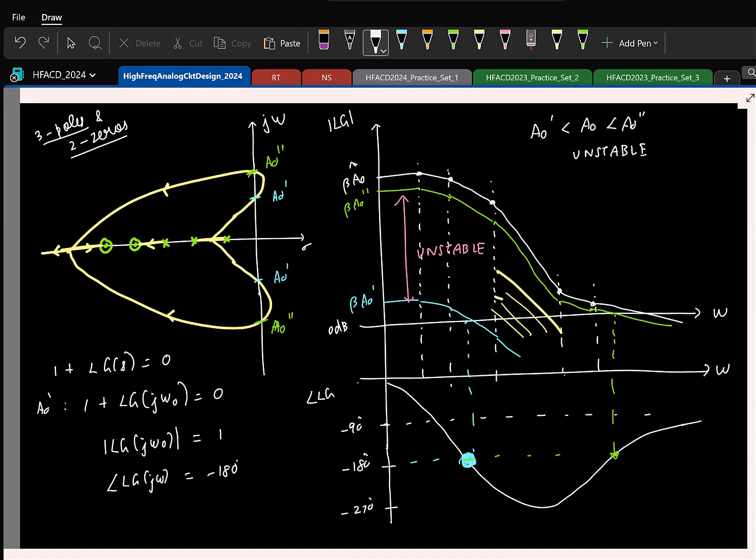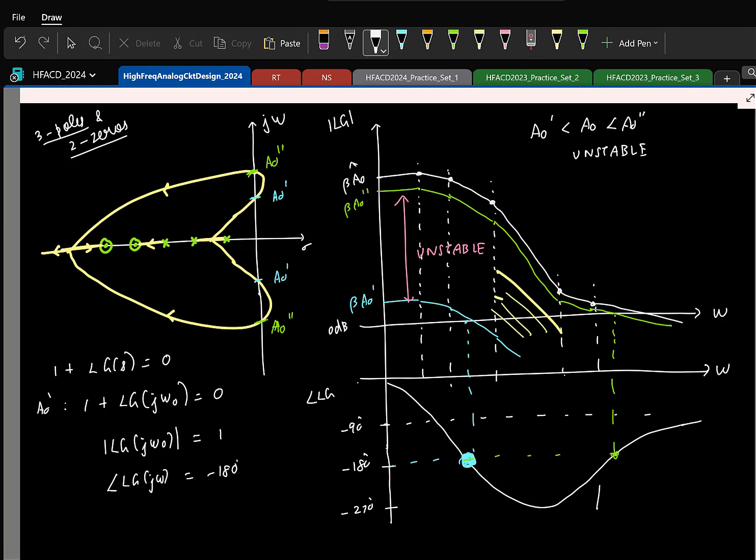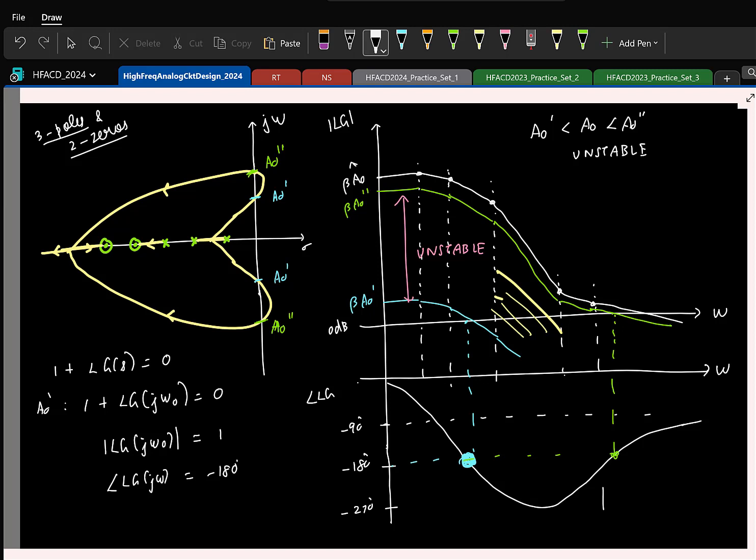So now we know the condition. We just have to look at the magnitude of the phase, so that the minus sign confusion is not there, of the loop gain at what frequency? At what frequency am I trying to find the phase? The frequency where the loop gain becomes unity. I'm trying to find the frequency where the magnitude of the loop gain is unity, 0 dB.